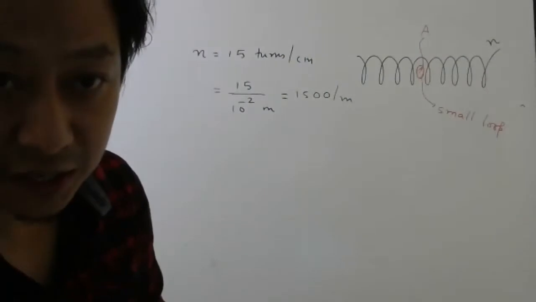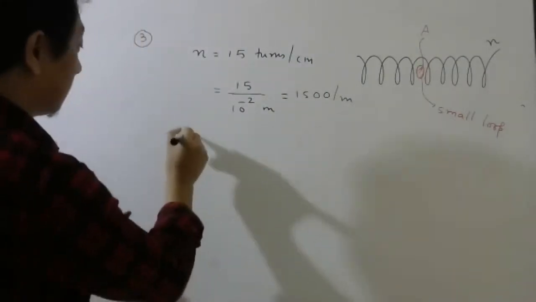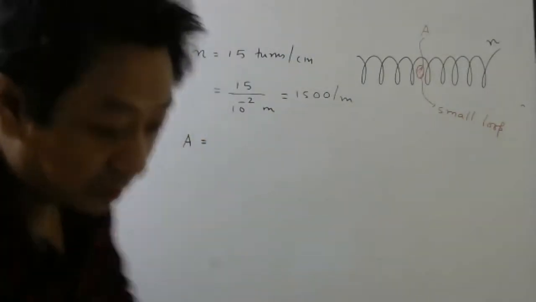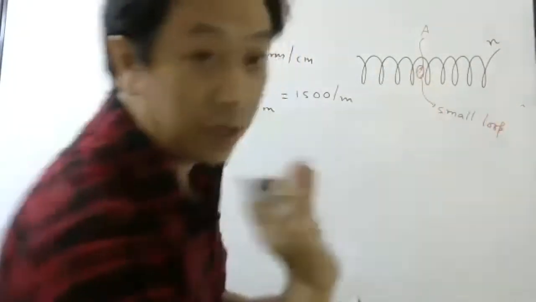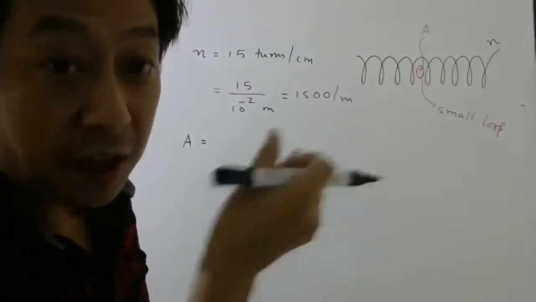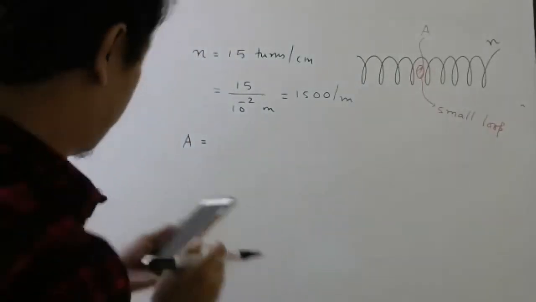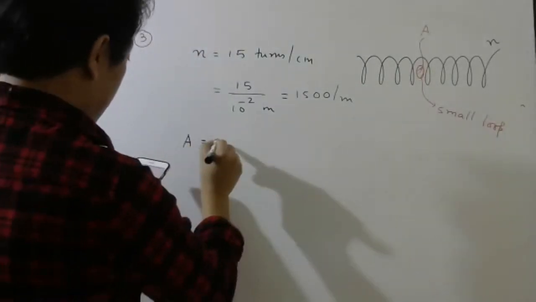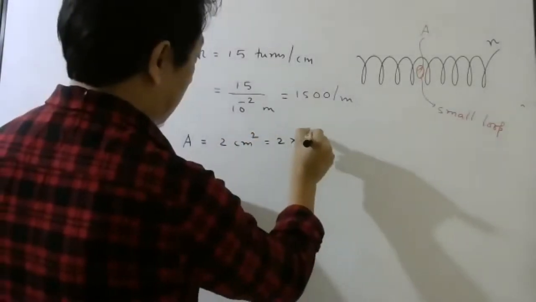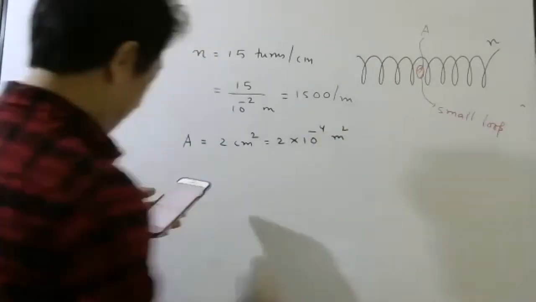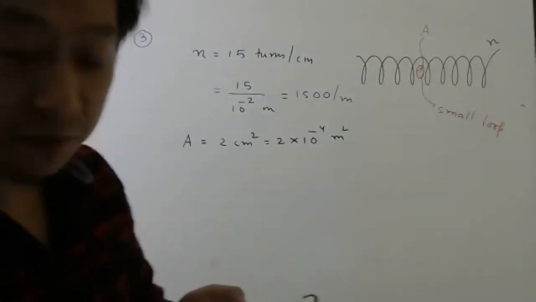Okay, students. So that area they have given is the area of the loop. Okay, don't confuse with area of the solenoid. They have given you area of a small loop which they have kept inside the solenoid. 2 centimeter square, which will be 2 into 10 power minus 4 meter square. Now, how they have kept the small loop?